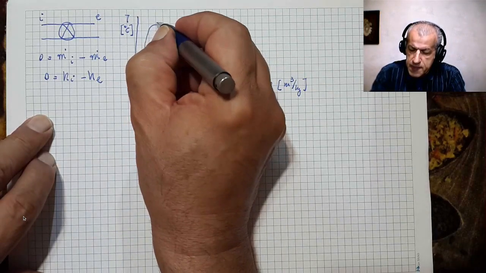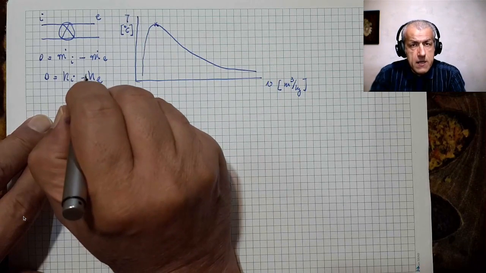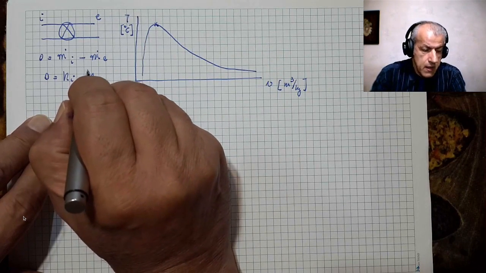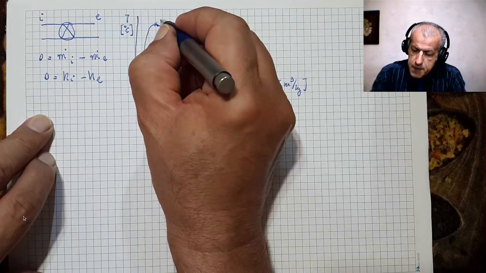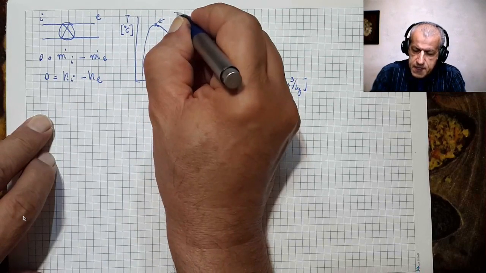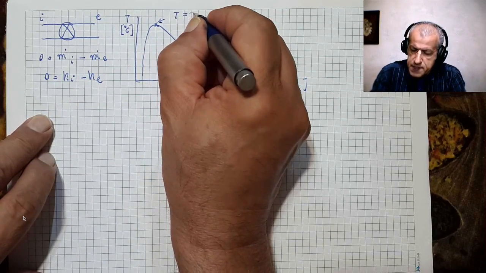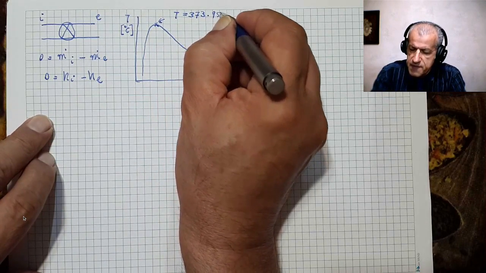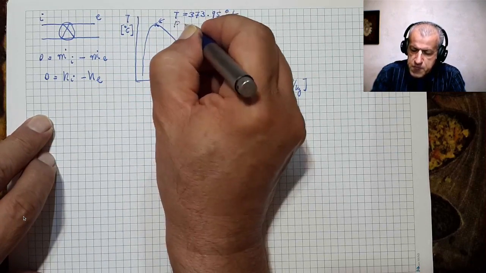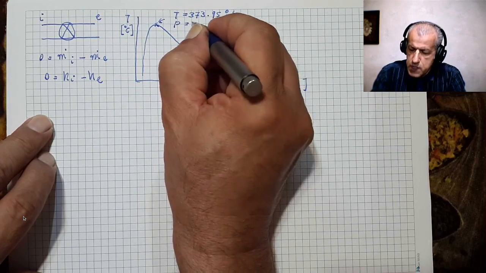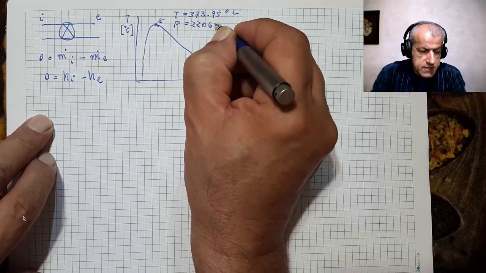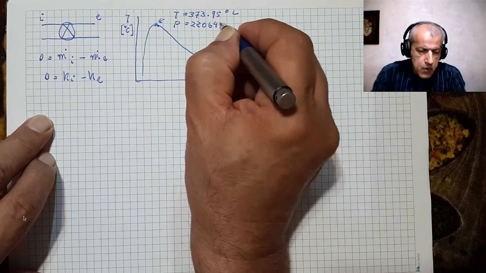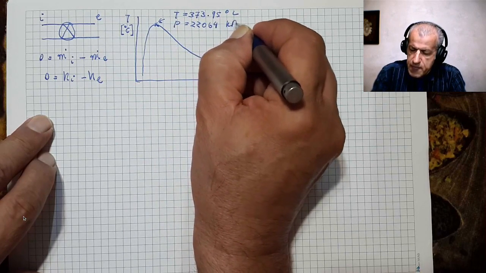This is the critical point where the properties are T equals 373.95 degrees C, P equals 22.064 kilopascals.